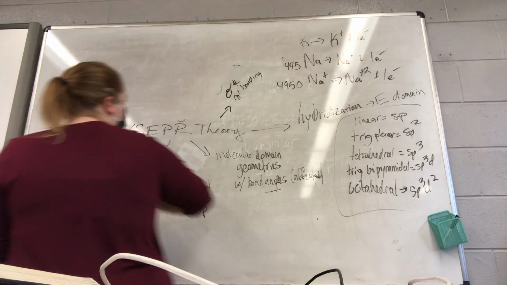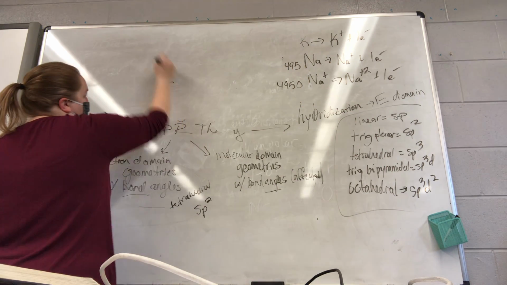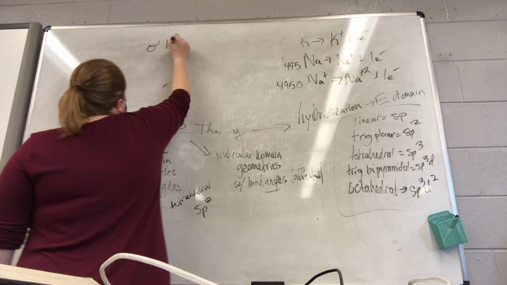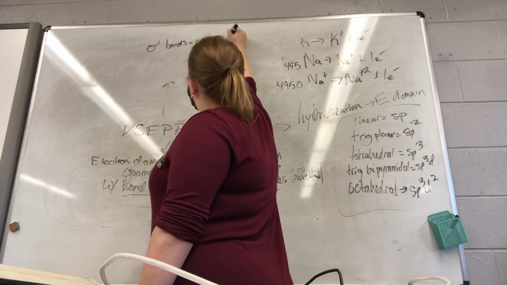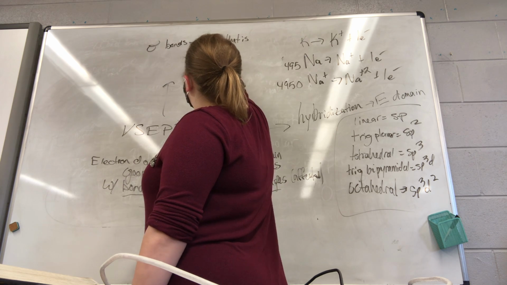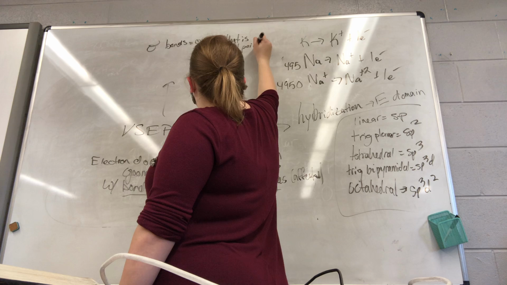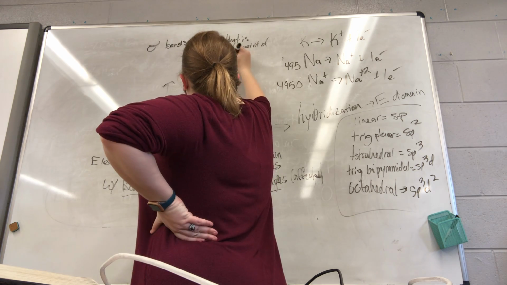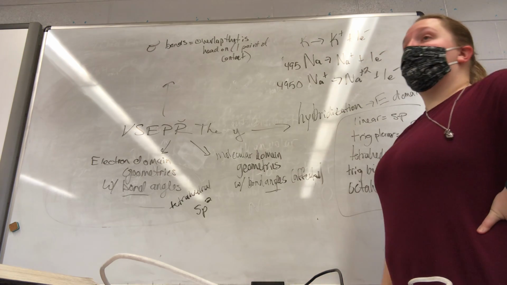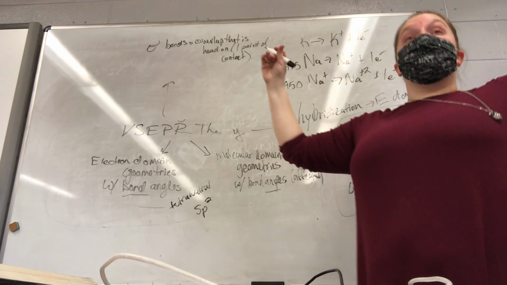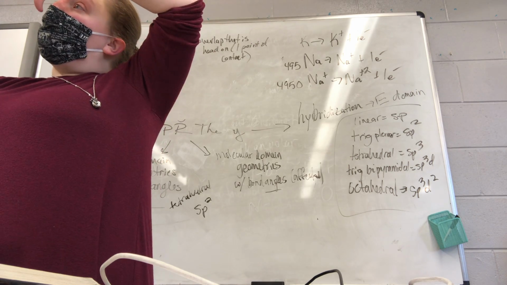We introduced sigma bonding, which is overlap that's head-on. So two s orbitals overlapping, they only can overlap in one point, right?